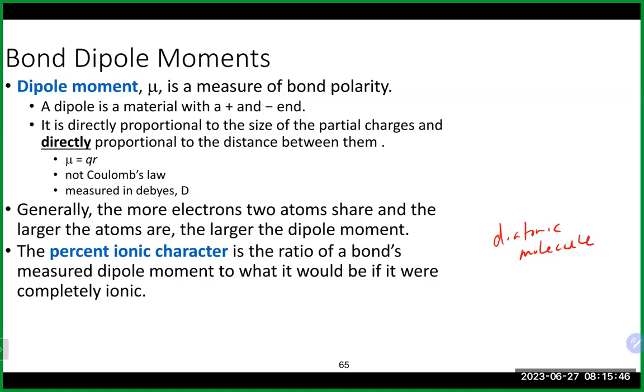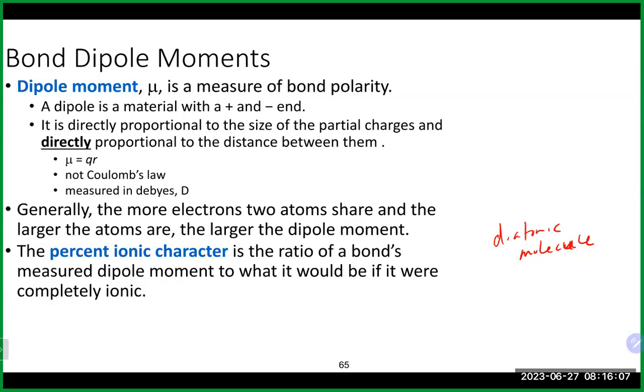And we'll talk more about molecular polarity in the next chapter. But in these simple molecules, which are really just two atoms together, the bond polarity and the molecular polarity are the same thing. And if a molecule as a whole is polar, it will have what is sometimes referred to as a dipole moment.